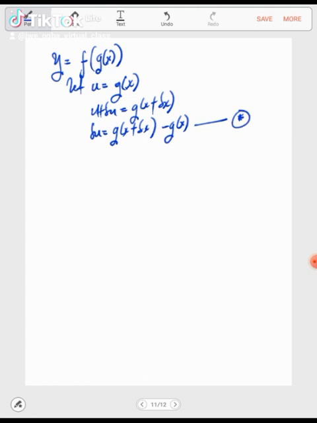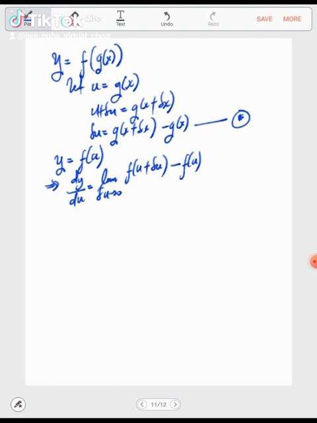And with that, if I write y equal to a function of u, then from what we've established before, dy du will be nothing but the limit as change in u approaches 0 of f of u plus change in u minus f of u, all divided by change in u.